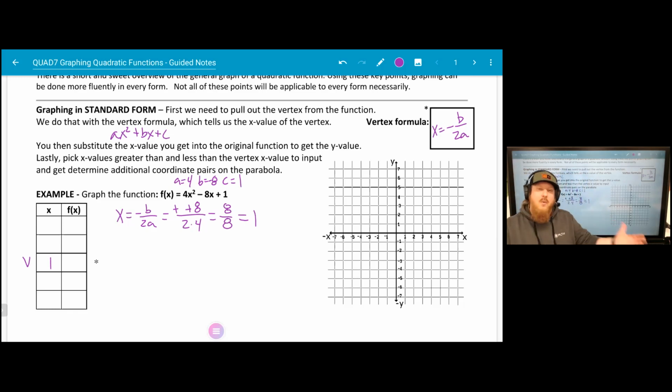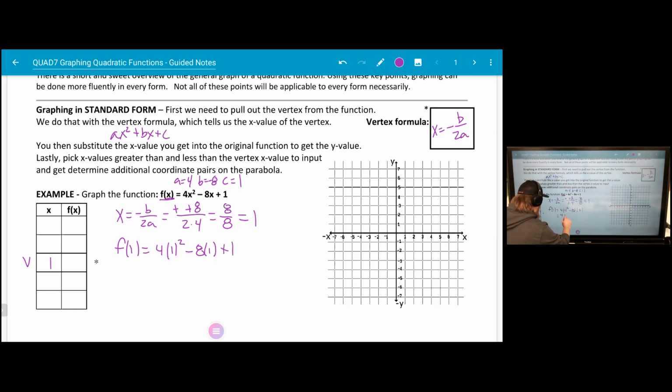We can't just know what the x coordinate is. We also need to know what the y coordinate is. It's in function notation, but this is the value of the function, or y, when x is 1. We could say f of 1 equals 4 times 1 squared minus 8 times 1 plus 1. Order of operations says we do 1 squared first.